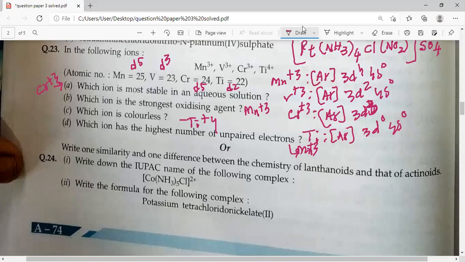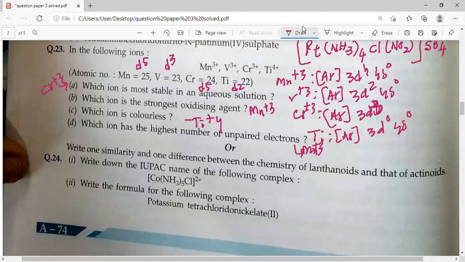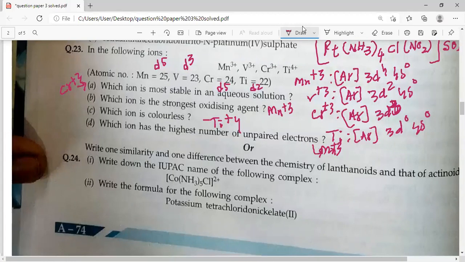Now let us answer this question. Which ion is most stable in the aqueous solution? This is the most important question among all these four. Which ion is most stable in the aqueous solution? So if you look into the various electronic configurations, you can see that chromium 3+ has got 3d3. Please pay attention.